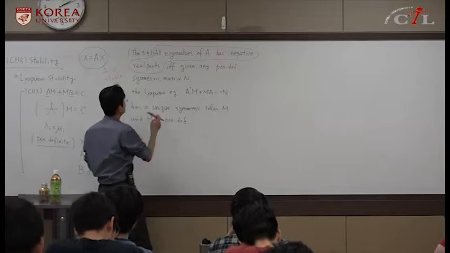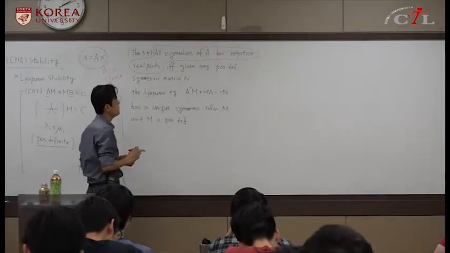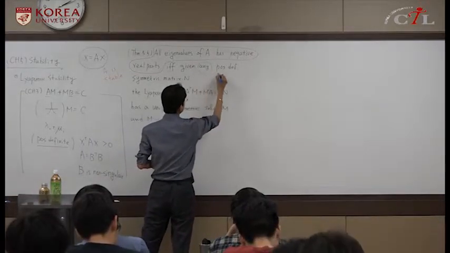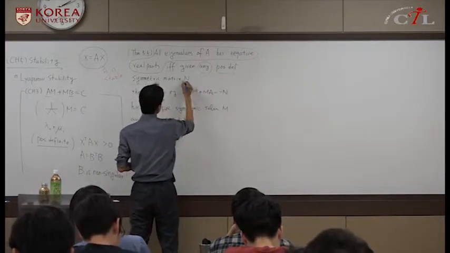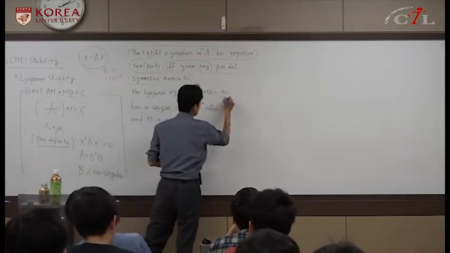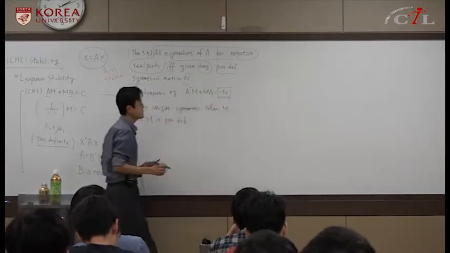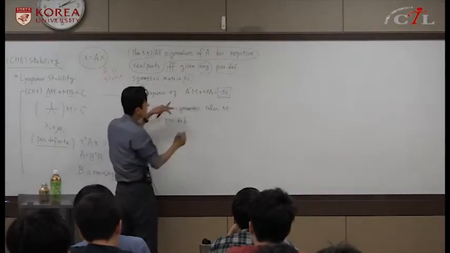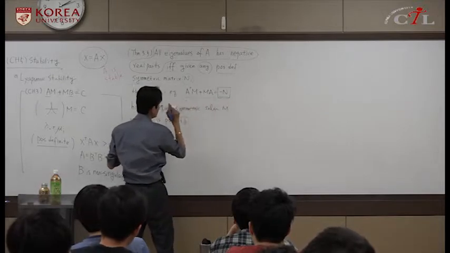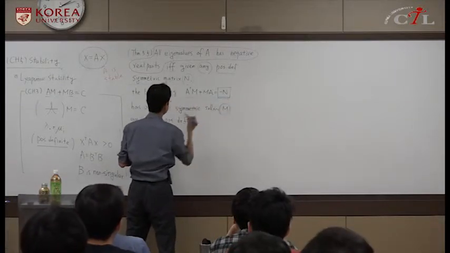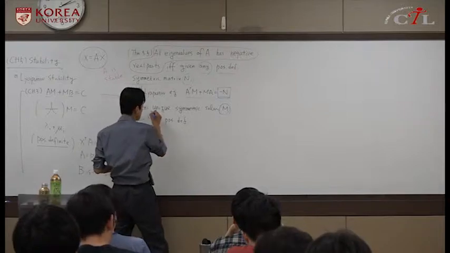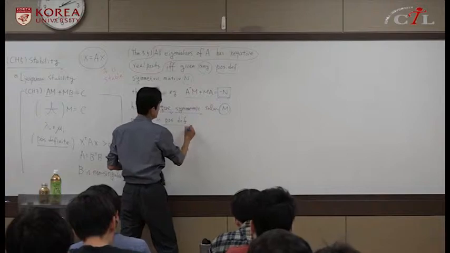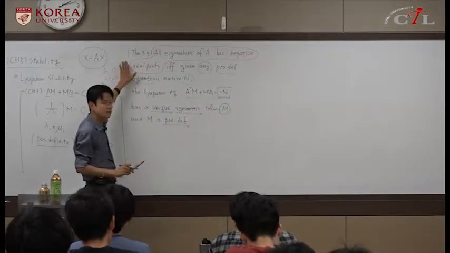If and only if, given any positive definite symmetric matrix N. So if you give any positive definite symmetric matrix N, and this Lyapunov equation has a solution M that is unique, symmetric, and positive definite, then A is stable.